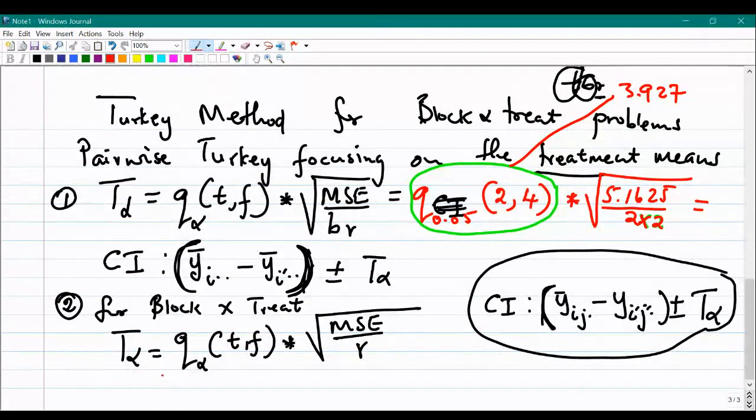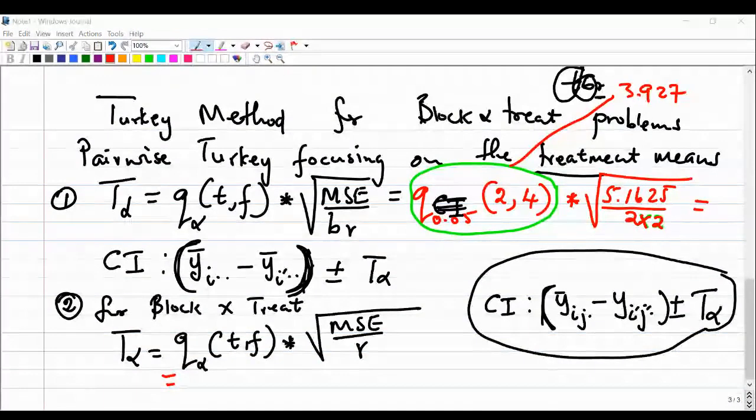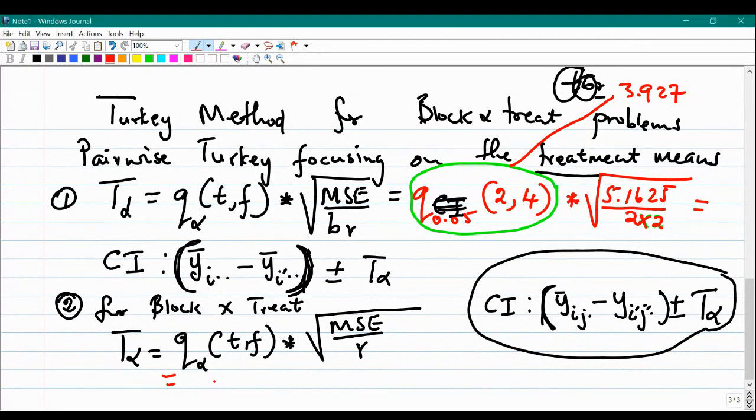Let's also move to this one for the blocks by treatment. You'll calculate these on your own, as long as you have the idea on how to do them. This one, I'm told, is 3.927 multiplied by the square root of 5.1625. This is the one that we divide by 2, isn't it?